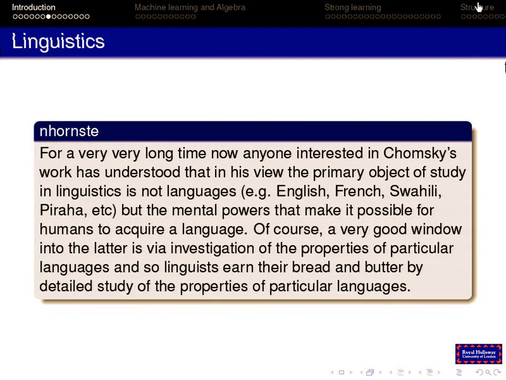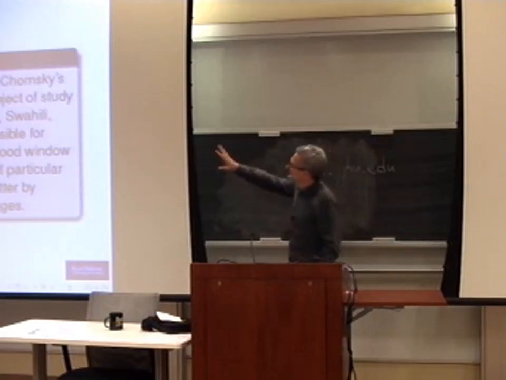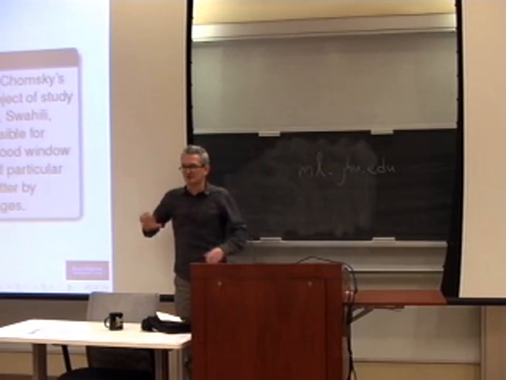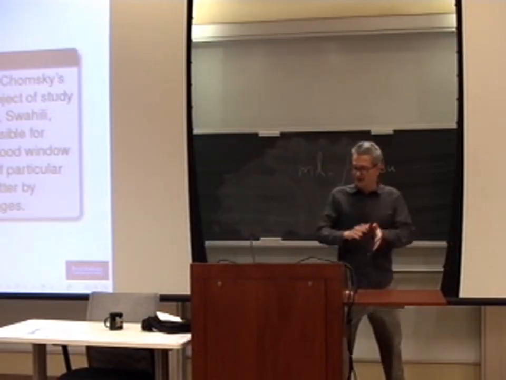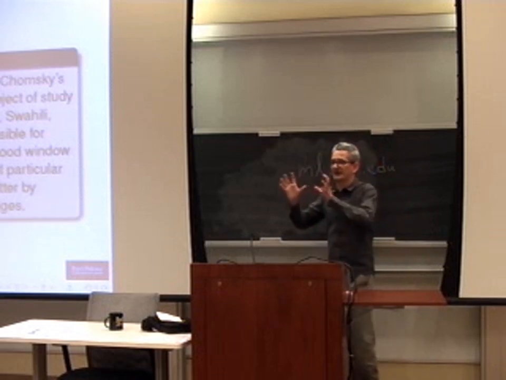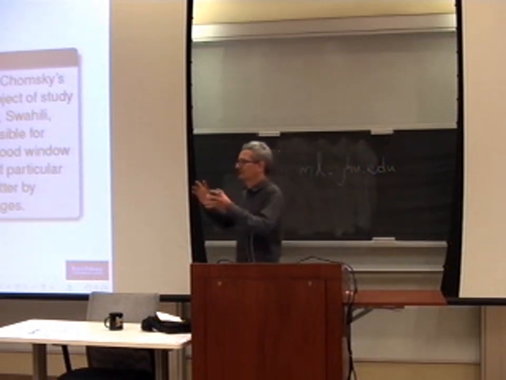Now, if we just zoom out a little bit to theoretical linguistics, this is a quote by Norbert Hornstein saying that for a very, very long time now, basically, you can read the quote, but basically Chomsky's view, and I kind of agree with Chomsky on this point at least, is that what you're studying in linguistics is not really the structures of individual languages.